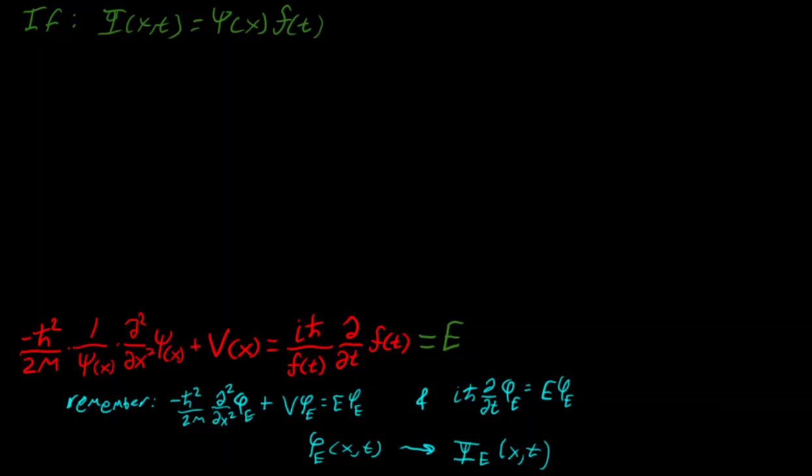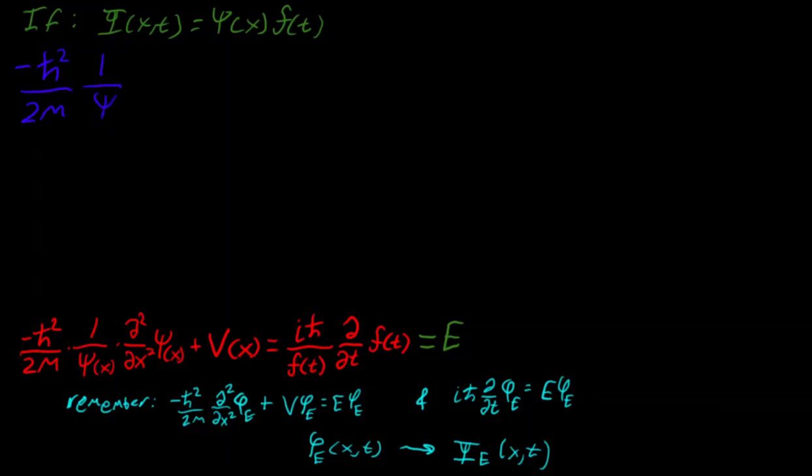Okay, so now, because both of these sides are equal to this constant E, we actually have two equations here. I'll write one of them in blue. We've got negative h bar squared over 2m times 1 over psi. I'll get rid of the of x.